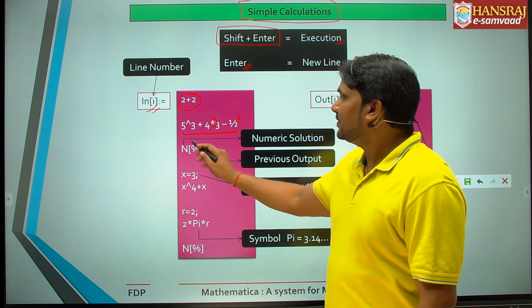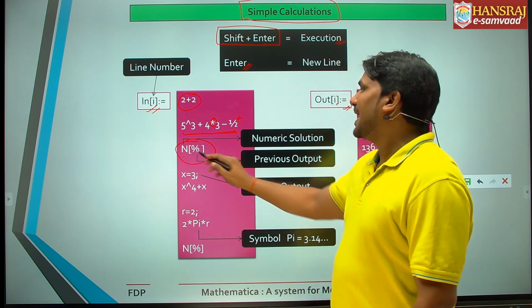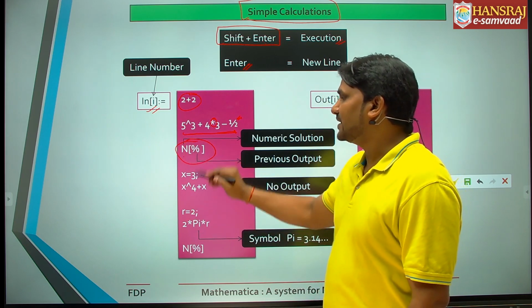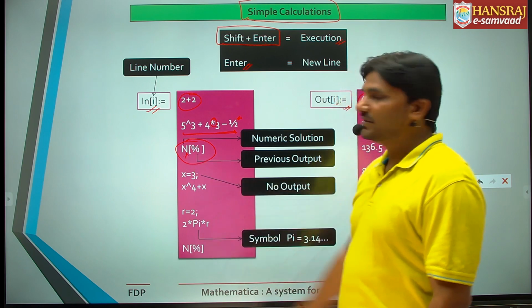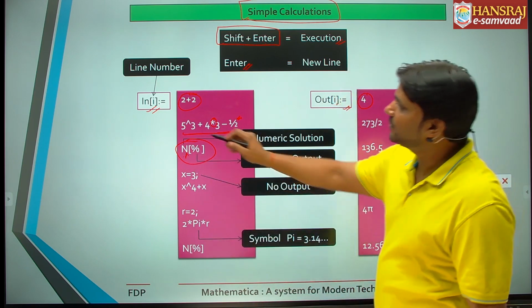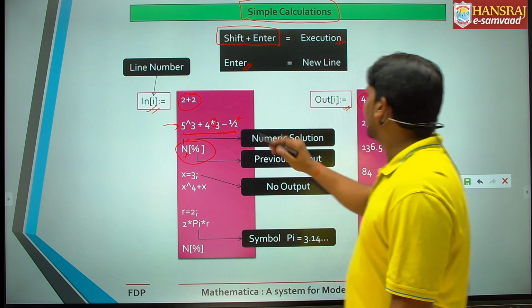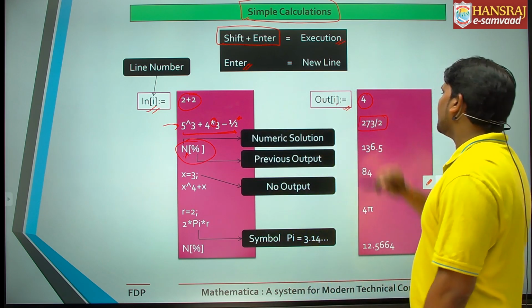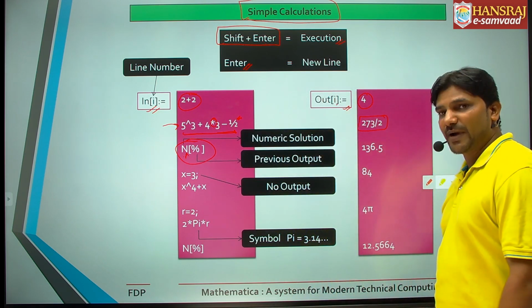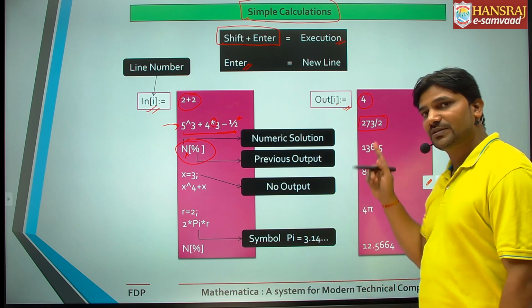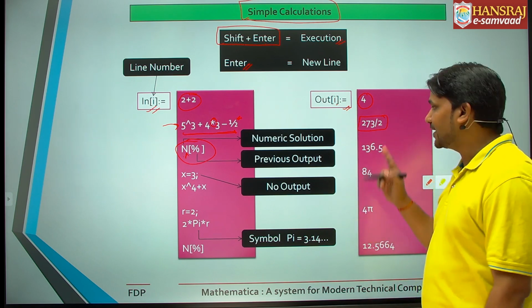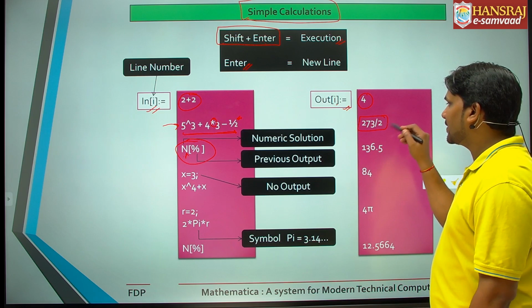Then there is one input, N in square brackets with percent. That N stands for your numerical value. For example, you have a previous output here, and the output is 273 by 2, but your answer is not in floating point values. That means not a real number, it is in rational form.